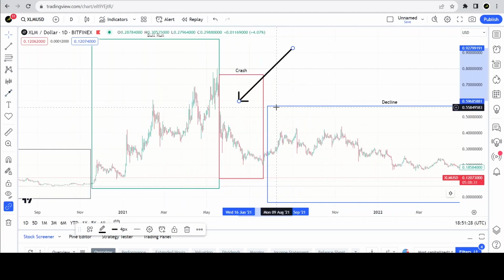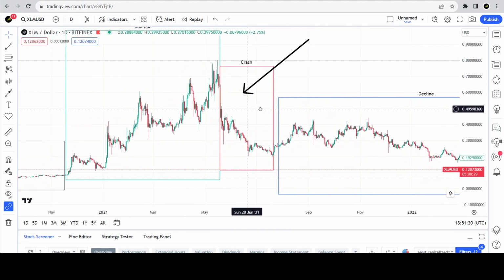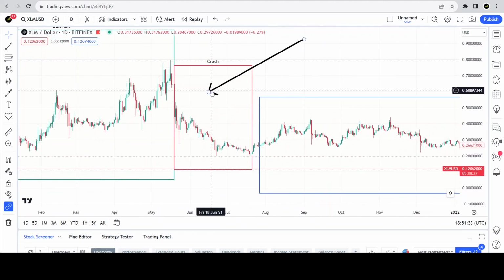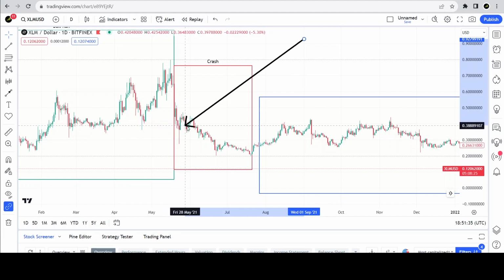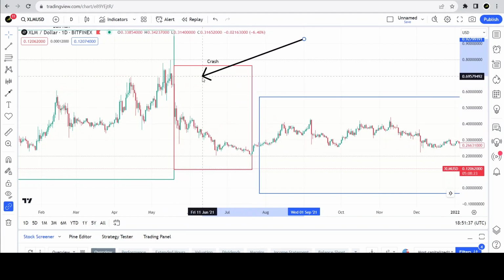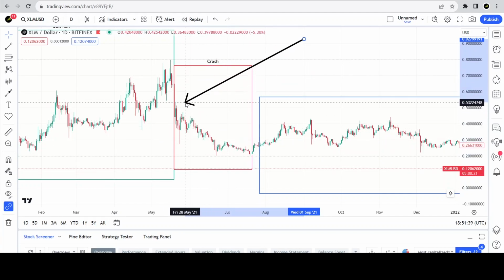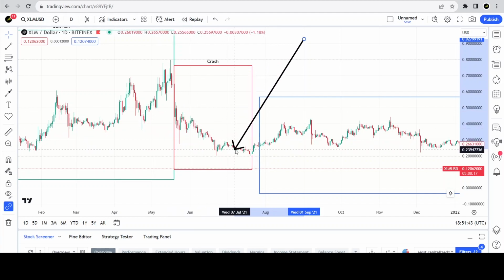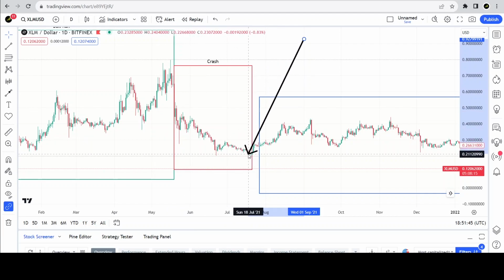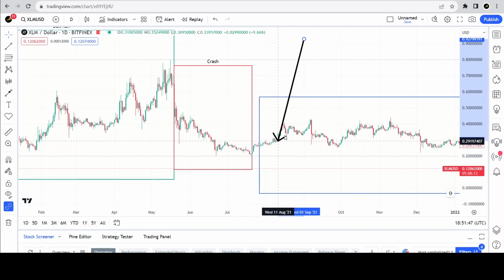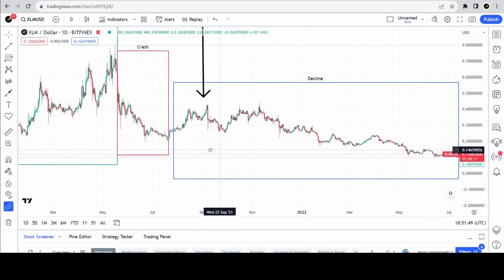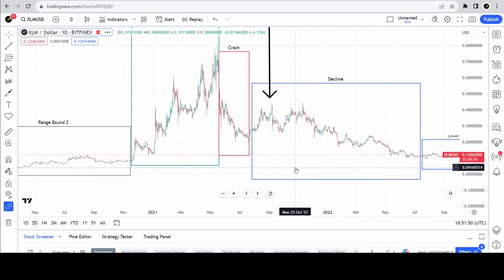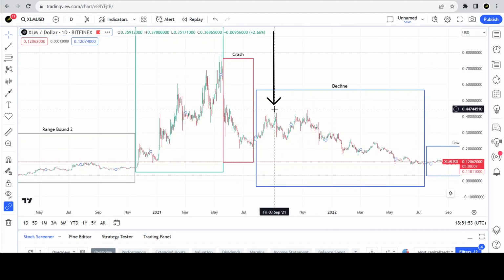So in this part of the decline, price falls quickly, aggressively. Near the end of this crashing fractal or this crashing box, it's no longer as steep. It comes to a low before moving back up into the decline structure. So remember, I was telling you that the original decline structure did not have the complete structure.